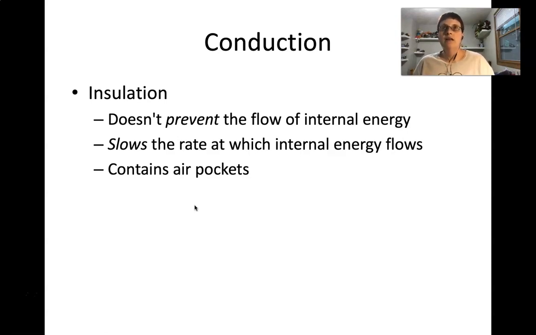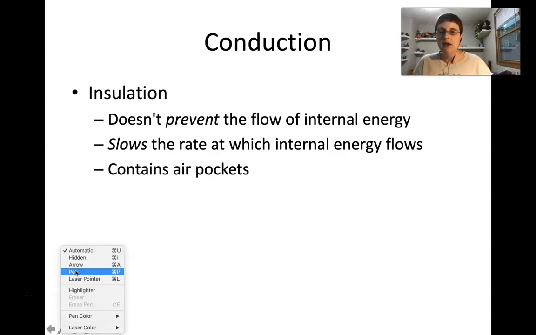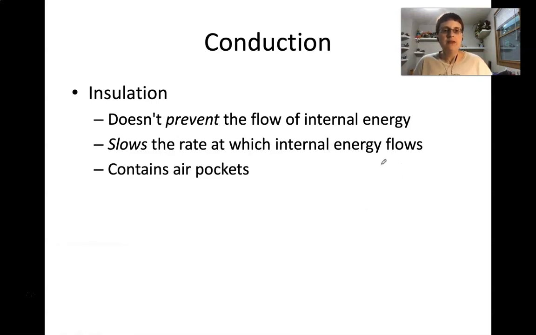Again, if you've ever seen the insulation in walls or the batting for blankets and coats, it's got lots of holes in it. So let me get my little pen out. Let's think about this. We've got the two sides. Let's say this is a blanket, and these are the two pieces of the fabric on either side.